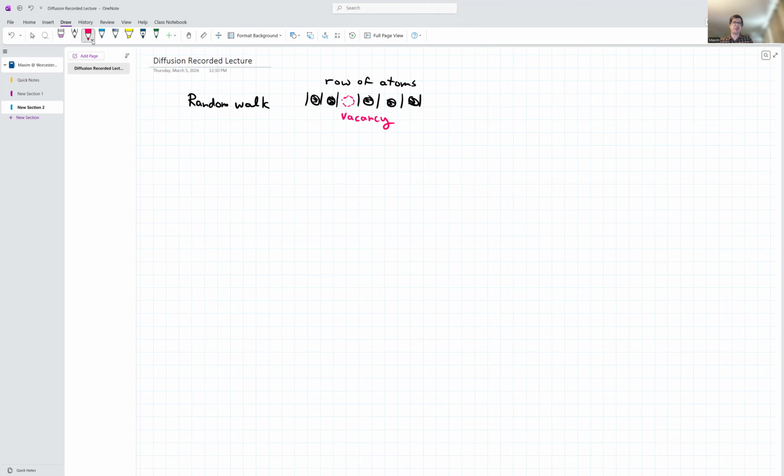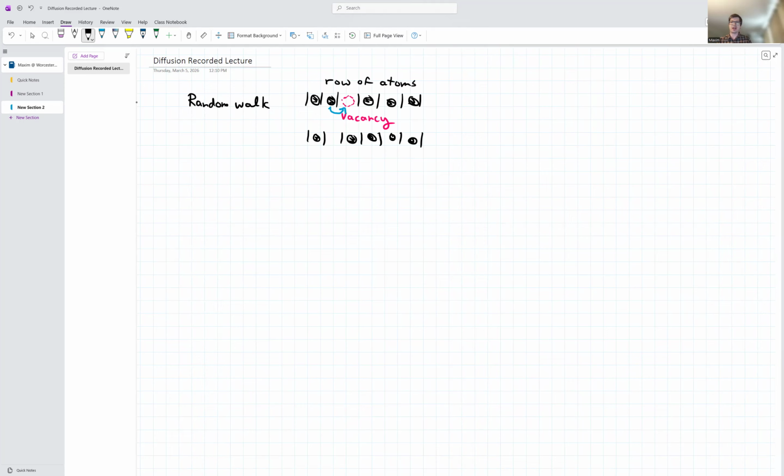So what could happen is this atom right here on the left could hop over and take the place of this vacancy, leaving behind a vacancy in the spot where it was before. So the new configuration would look like this. There would now be a spot opening up where that atom left.